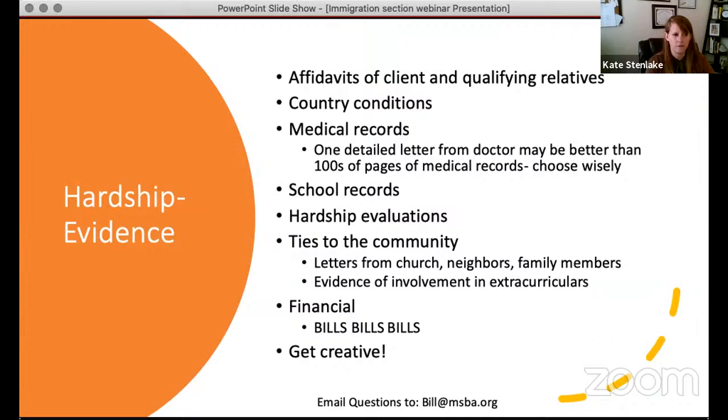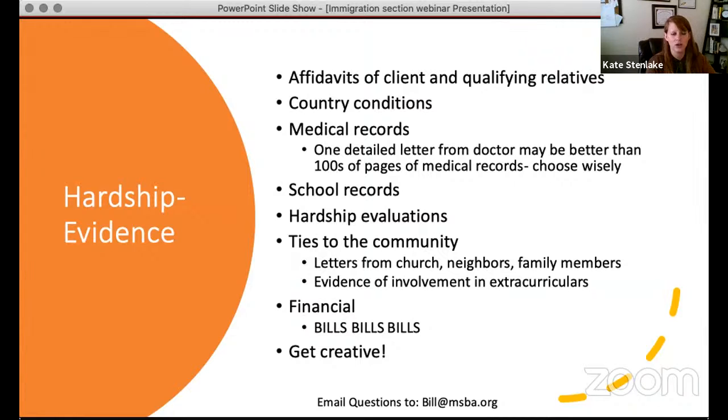And so they all would financially lose housing. They all would financially lose their support. And I showed how each individual person would not be able to necessarily provide for the family and would have to move and do all these things because of the financial benefit that they were gaining from my client, and how that would impact the son.